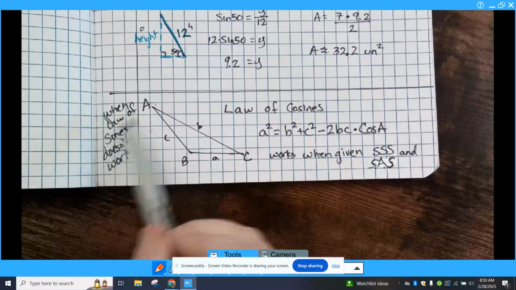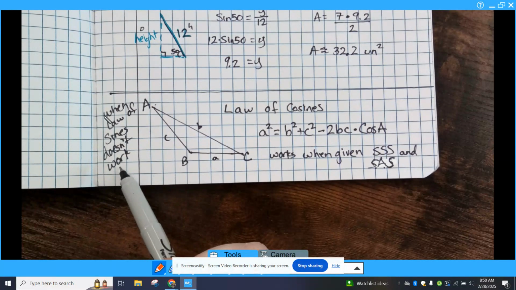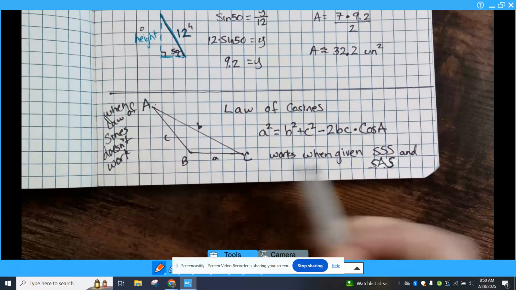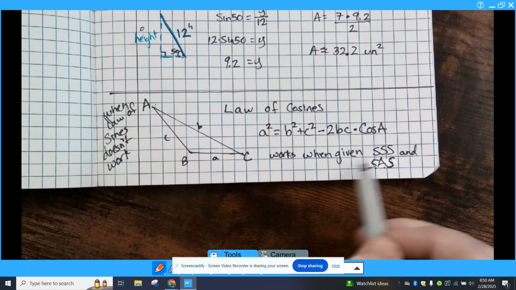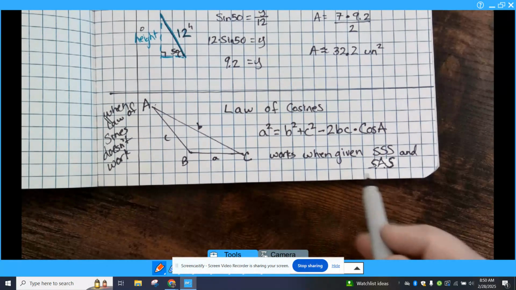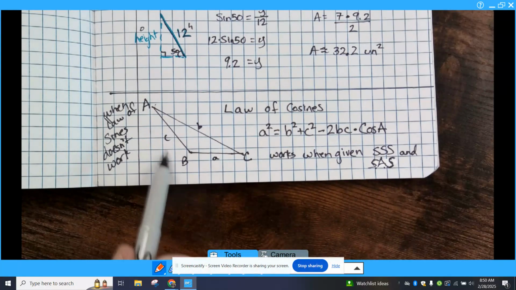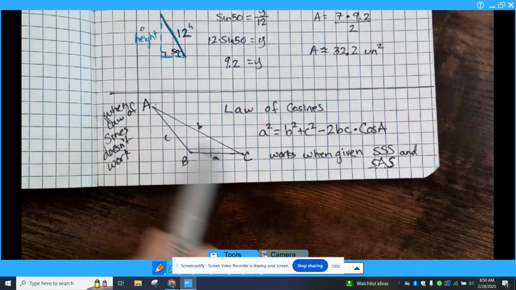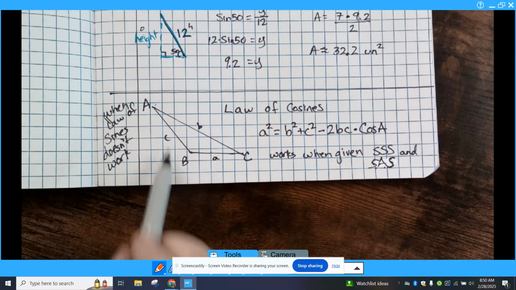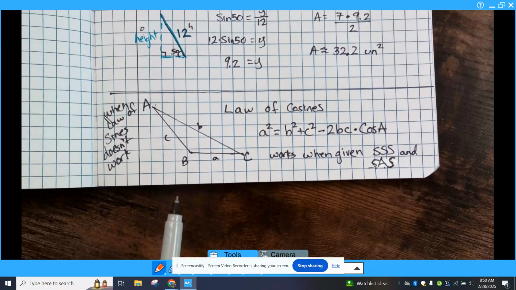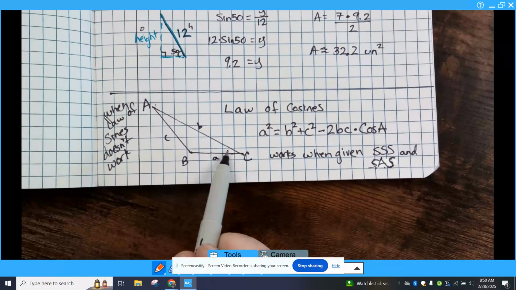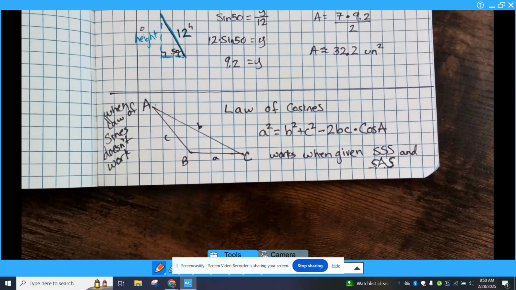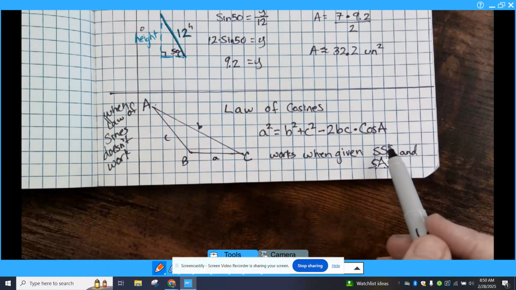So when the law of sines doesn't work, you have to use the law of cosines. Law of cosines works when you're given side, side, side, or side, angle, side. So if you have all three sides, you can find all three angles. If you're given side, angle, side, you can find the other side, angle, side. This is the law of cosines.